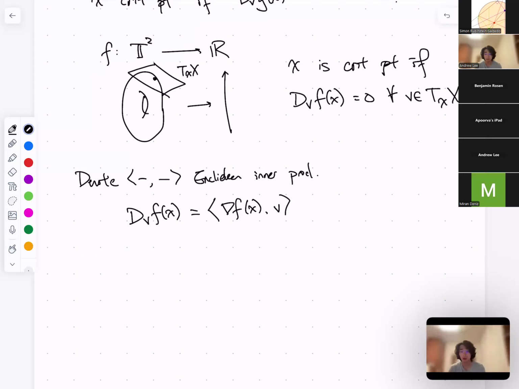And so, of course, if the gradient vanishes, then the left-hand side vanishes for all choices of v. And similarly, if the left-hand side vanishes for all choices of v, the only vector satisfying that would be 0. I'm harping on this because there's another version of this equation that'll come up later in my talk, and because it's the central thing that allows us to think about critical points in two ways.